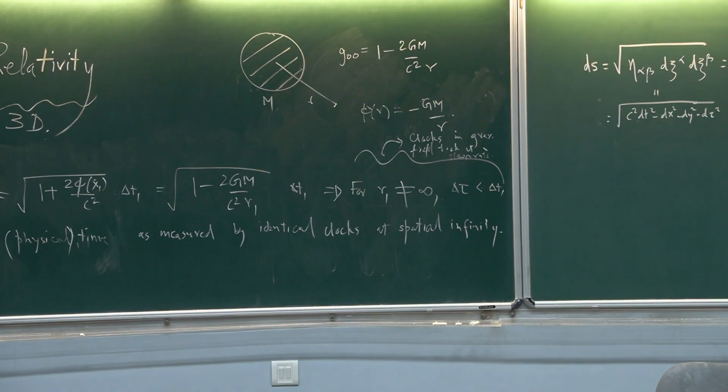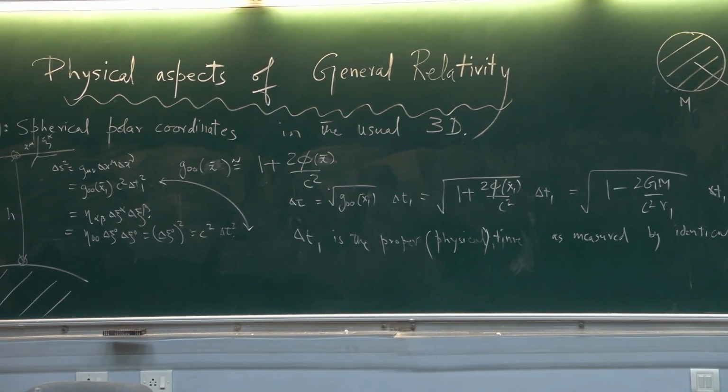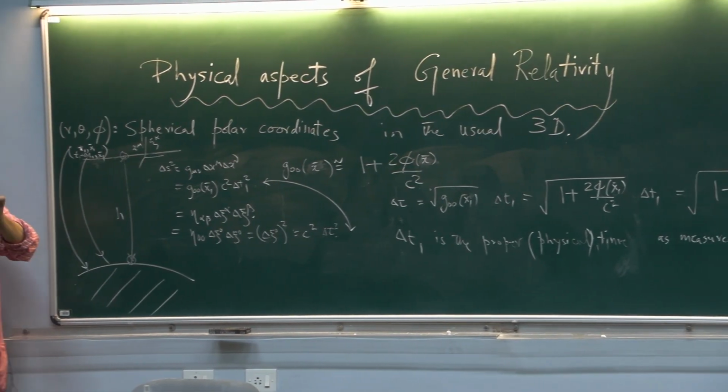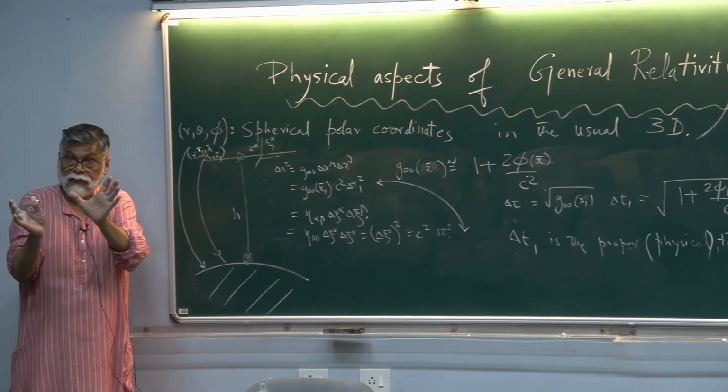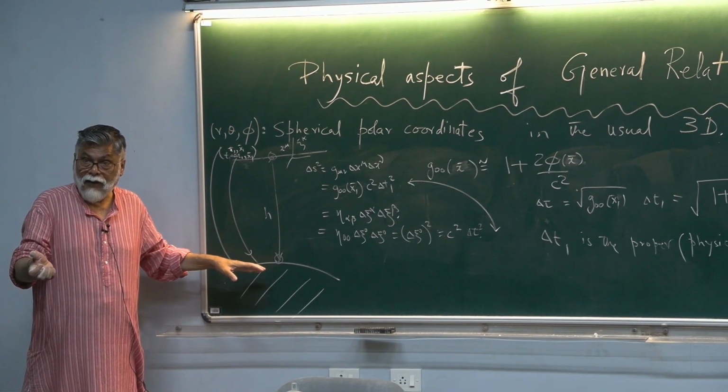You can prove, because remember, the clocks are all ticking. If the two light beams are separated by delta T1 here, they will arrive also with coordinate time separation delta T1. But what is the physical length?